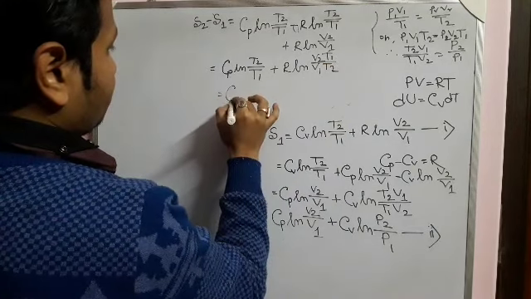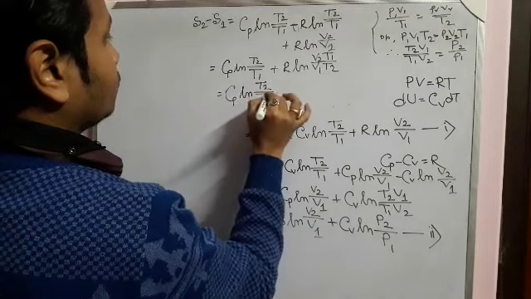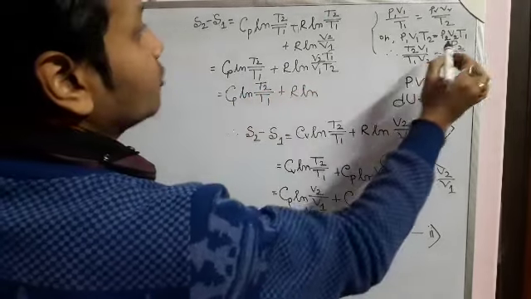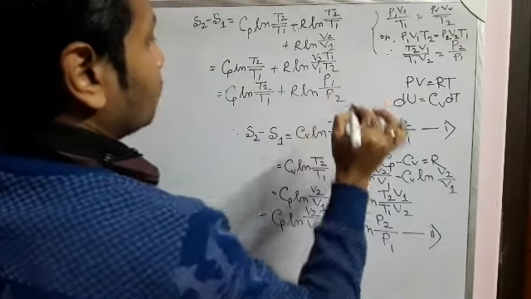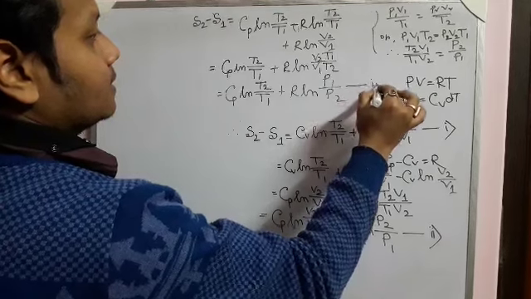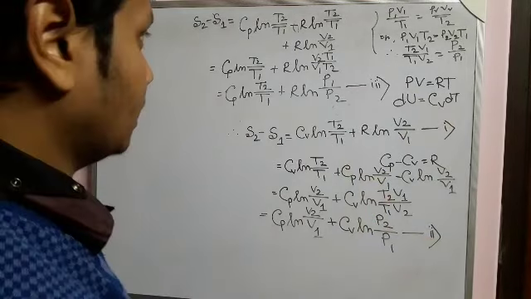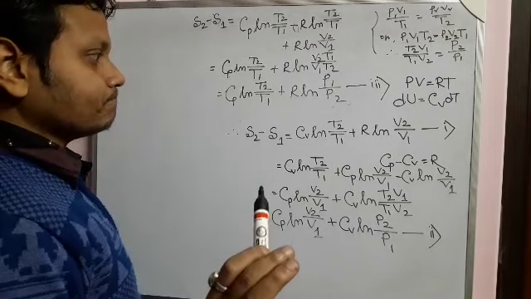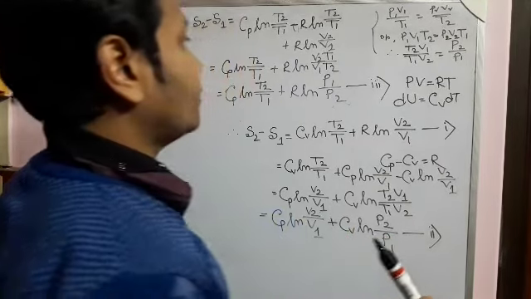So this is Cp ln T2 by T1 plus R ln V2 T1 by V1 T2, that means P1 by P2. Okay, so these are the three different forms that I have calculated. These three are the equations of entropy change for a perfect gas.